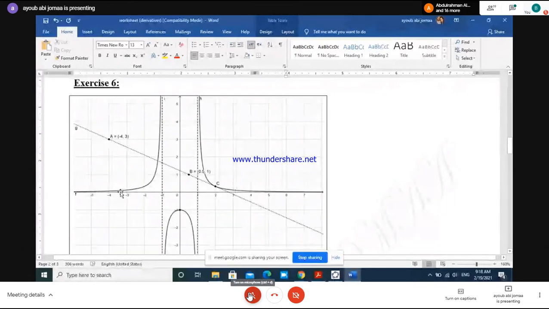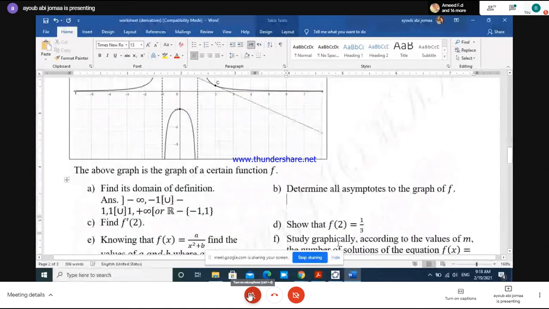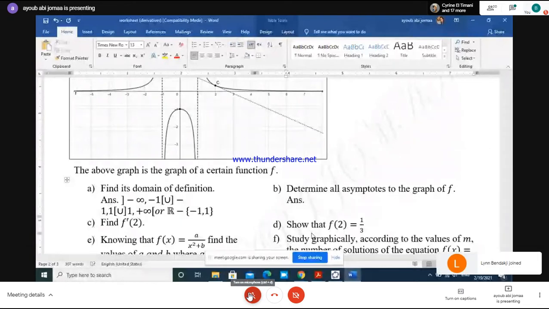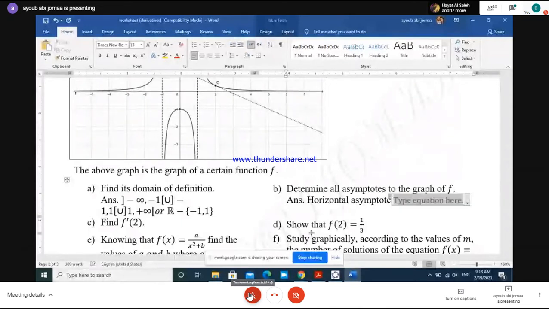So the first one, we have a horizontal asymptote of equation y equals 0.